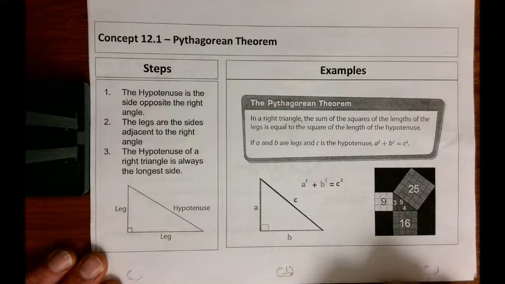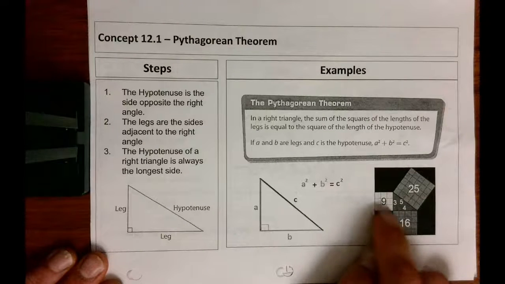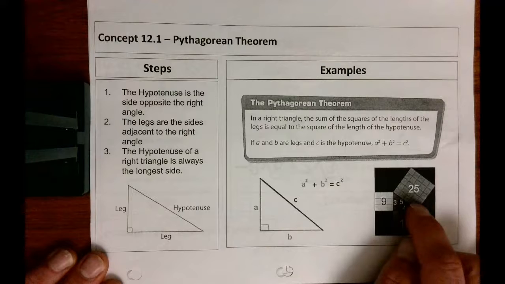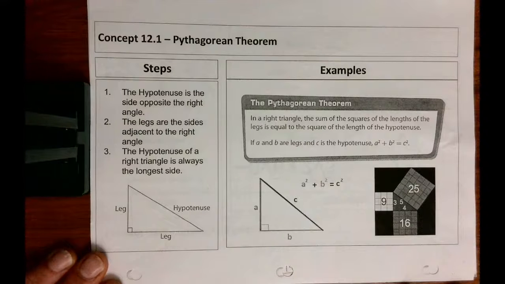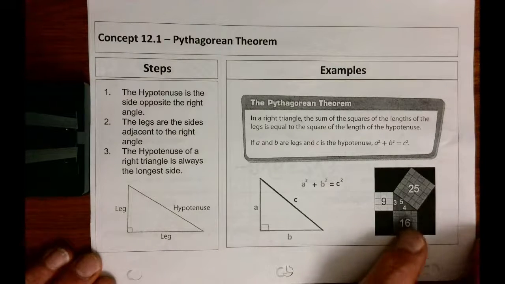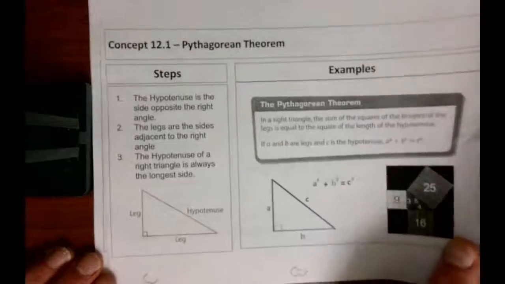And if we add these two together, 9 plus 16 equals 25. So that's a really nice visual aid there. So make sure you remember that that's your resource.